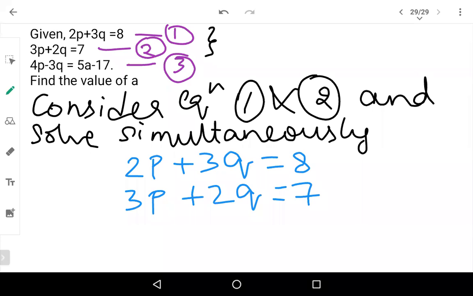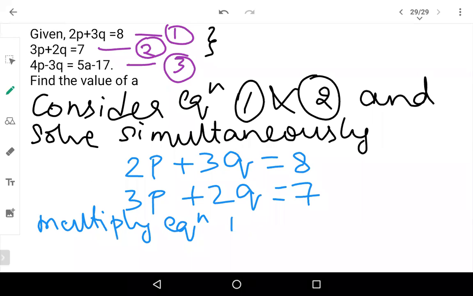So for equation 1, what should I multiply with? Can you say me what should I multiply with equation 1? Good, 3. So multiply equation 1 with 3.